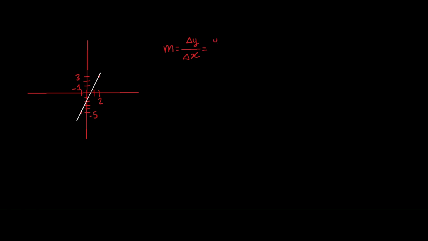Change in y is equal to y2 minus y1 over x2 minus x1. So what is y2? y2 is equal to -5 minus y1, which is equal to 3, over x2, which is equal to -1, and minus x1, which is equal to 2.